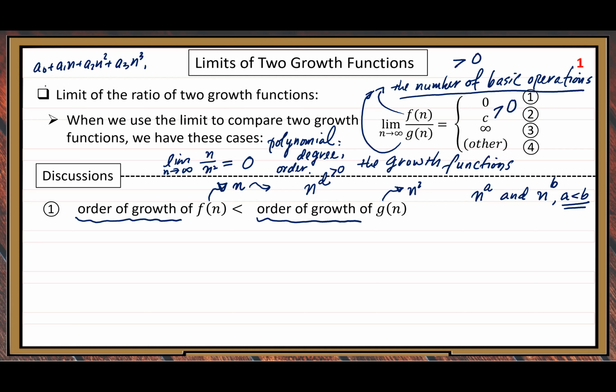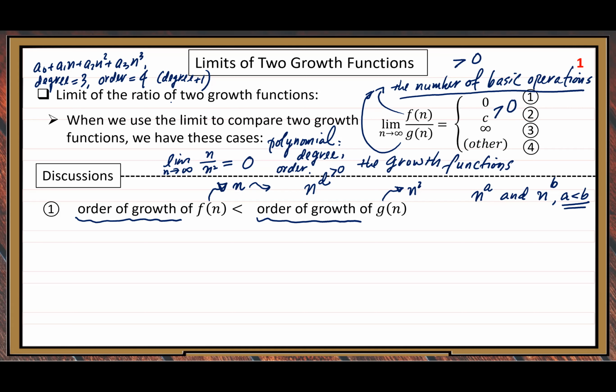In this cubic polynomial, we say the degree equals 3, but there is another concept I didn't mention before: the order equals 4. Order always equals degree plus 1. That's the definition of order.